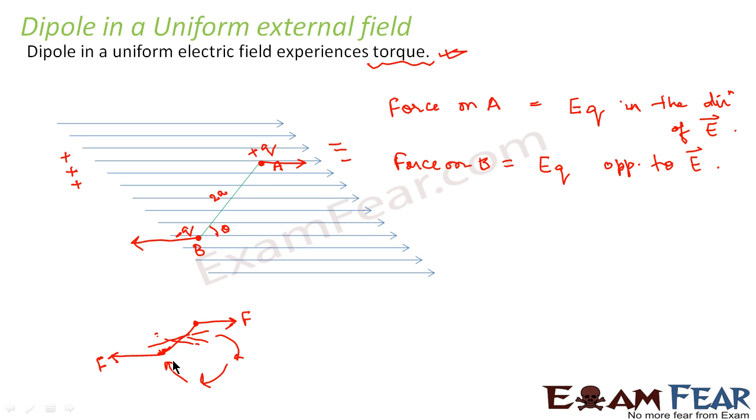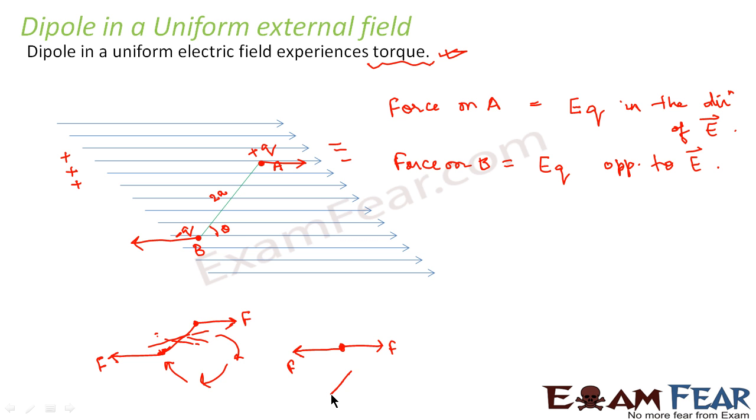So when two equal and opposite forces are applied to an object at different lines of force, then that object rotates. So observe an important thing here. Let us suppose there is a point here. You apply a force F in this direction, you apply an equal and opposite force in this direction. What will happen to this point? It will not move because the net force is equal to 0.